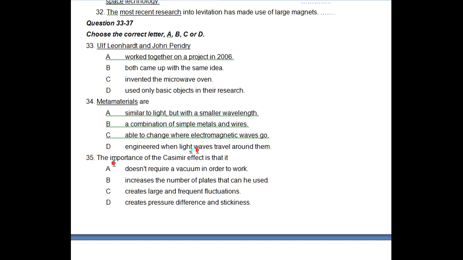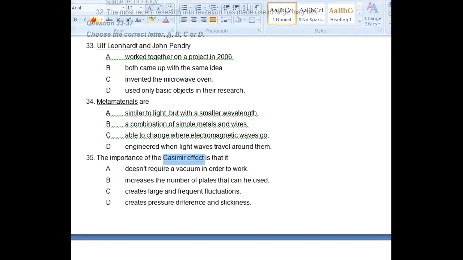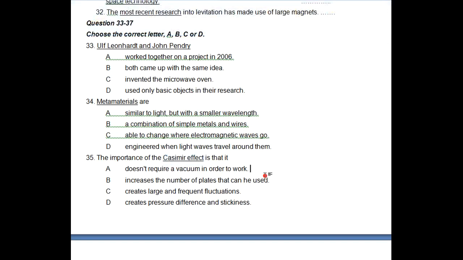Third is saying the importance of the Casimir effect. So Casimir effect is the keyword here. What I have to find is the importance. What is the importance? Doesn't require a vacuum. Okay, increases the number of plates, creates large and frequent fluctuation, creates pressure difference and stickiness.